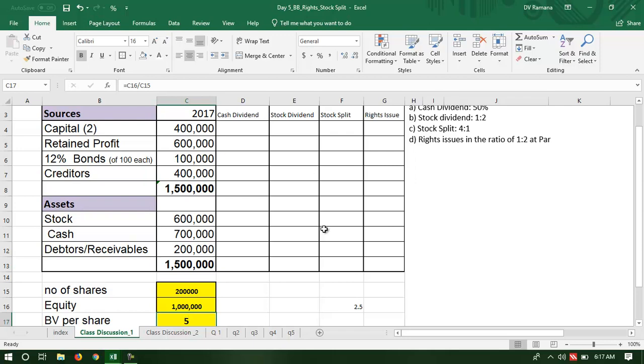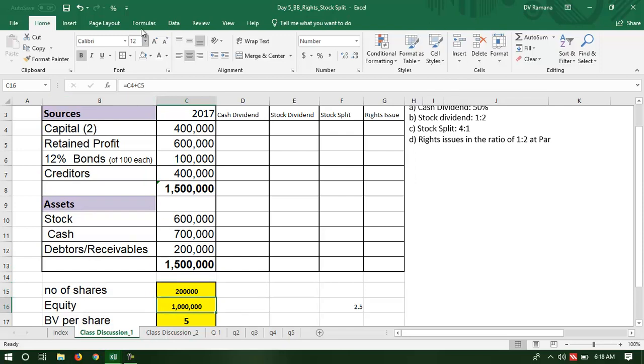So at present, the number of shares is 200,000 because the capital is 400,000. The face value is given as 2. So the number of shares is equal to 400,000 divided by 2.